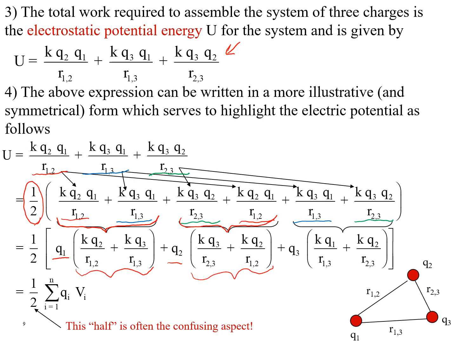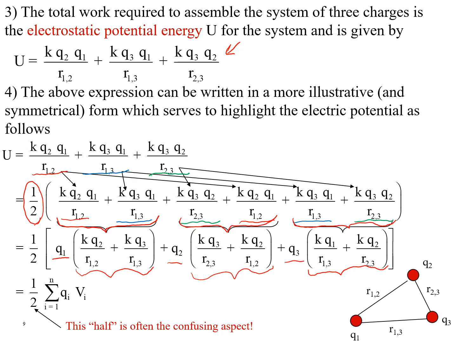Now let's go ahead and factorize from the last pair of terms that we have out here, and it can be written as Q3 times whatever is in the brackets, and what we have in the brackets is KQ1 over R13 plus KQ2 over R23. What is the term in the brackets? The term in the third brackets is basically the potential at the location of charge Q3 due to charges Q1 and Q2.